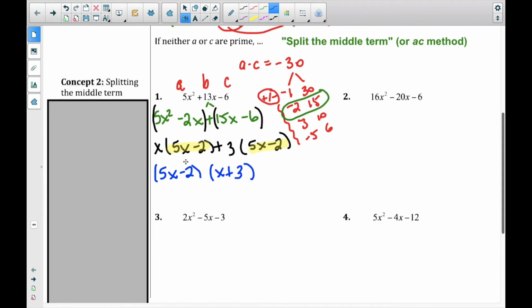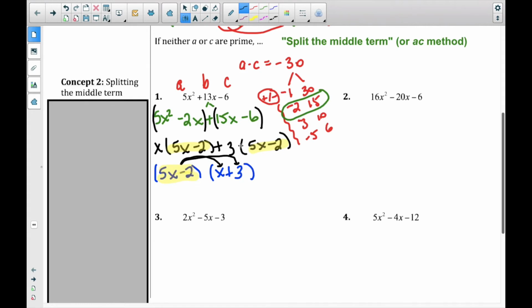Some people don't really know what I mean by factoring out, so let's take a look. If I just took this 5x minus 2 as like one big chunk of information, I could essentially distribute it. And I would distribute it and I would get 5x minus 2 times x plus 5x minus 2 times 3.